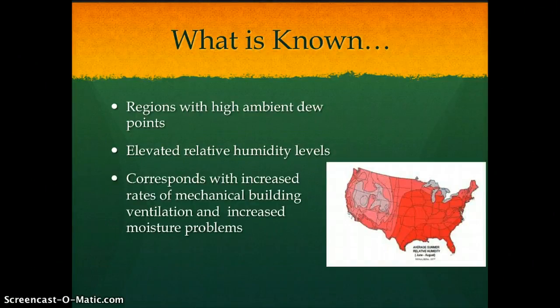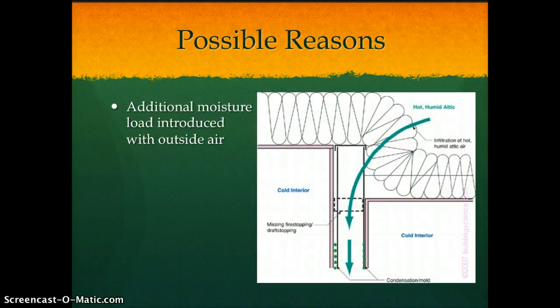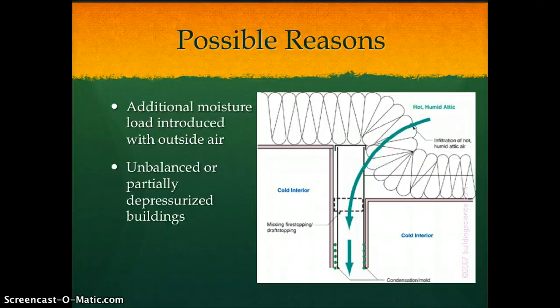This can occur for obvious reasons, such as the additional moisture load that is introduced into the building along with the outside air. However, more obscure reasons can also increase the risk of adding outside air to a building. Unbalanced or partially depressurized buildings can be the result of moving large amounts of air around a building.